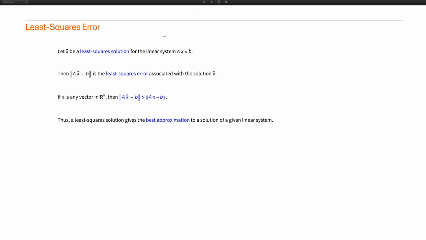Okay, now like I said earlier on, the nice thing about the least squares solution is that if you have a least squares solution, then this over here is the least squares error, and that's going to be as small as possible. So in a sense, the least squares solution gives you the best possible approximation to a solution of a given linear system. And of course, if you actually have a solution, then you might get a 0 over here.